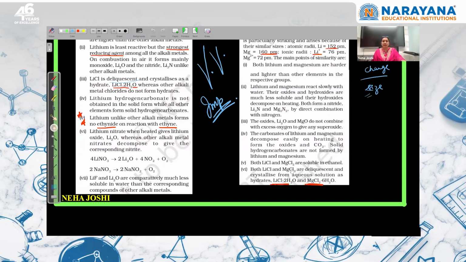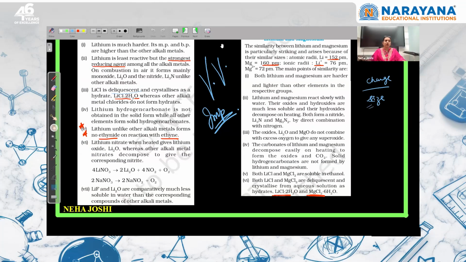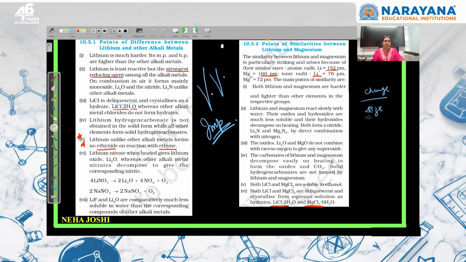Okay, both LiCl and MgCl2 are deliquescent and crystallize from aqueous solution as hydrates. You cannot have anhydrous crystals when you want to crystallize it from its solution. If you want to crystallize them from aqueous solution, you cannot get anhydrous crystals.